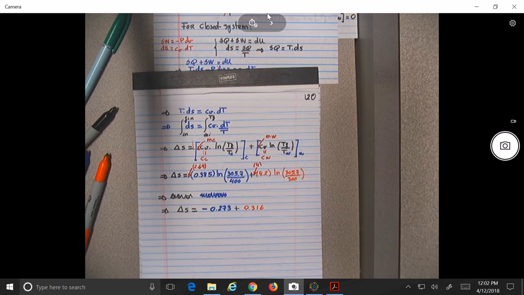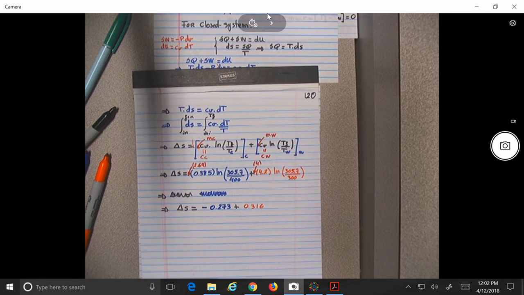Now, what are we going to get over here? We're going to get something equal to 0 or higher than 0? Higher than 0. And why Kelvin introduced the concept of increasing entropy of the universe?